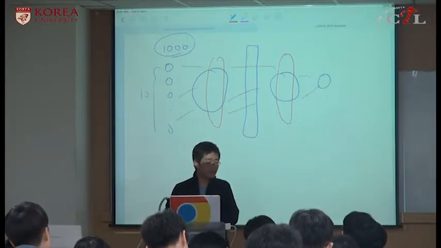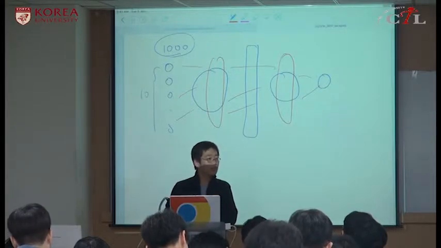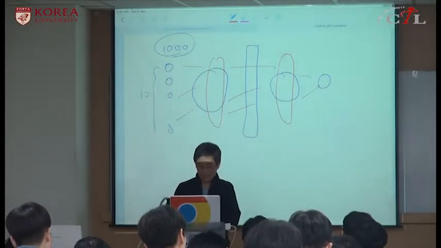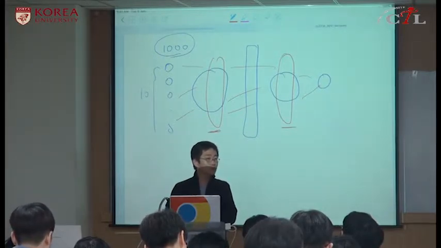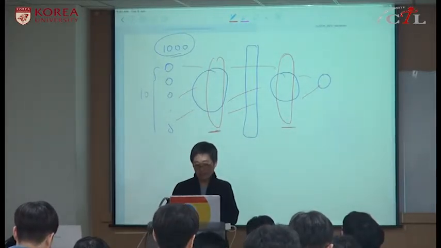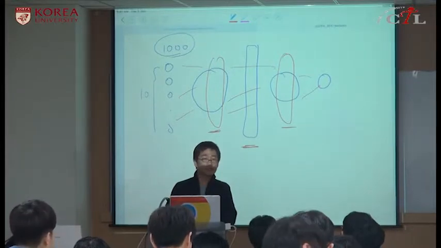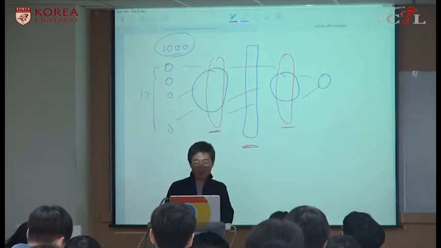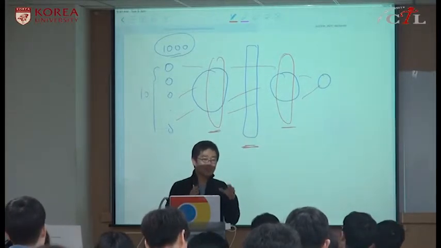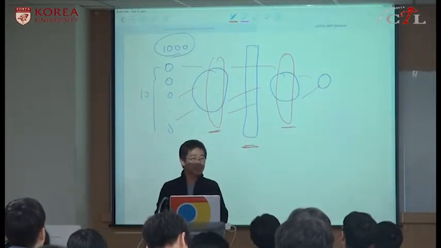But if we use two hidden layers instead of one, the number of nodes in these two hidden layers will be less than the number of nodes in the single hidden layer, right? Because we have a fixed, limited number of parameters that we can use.